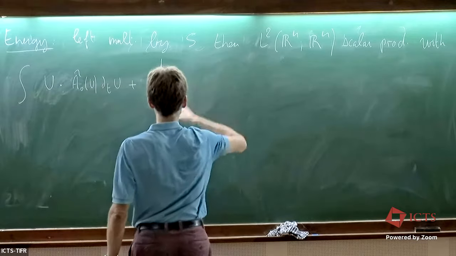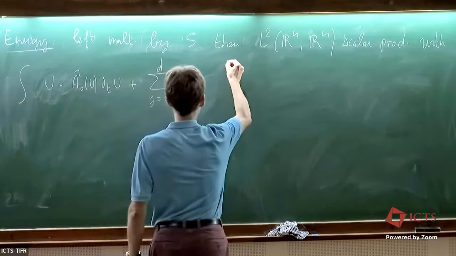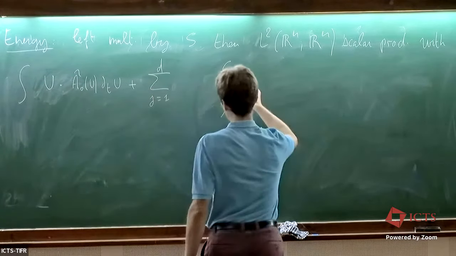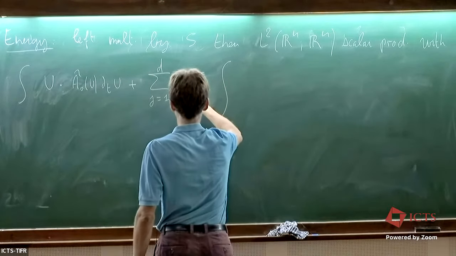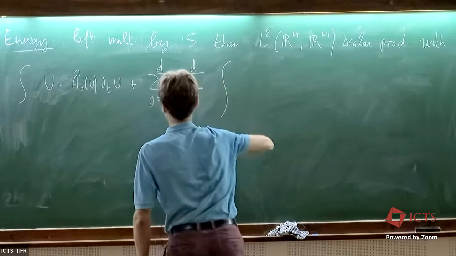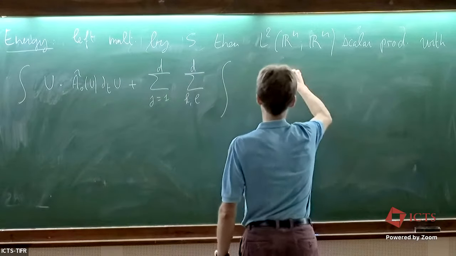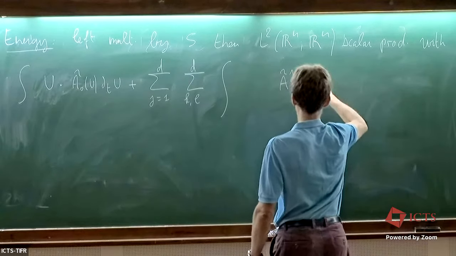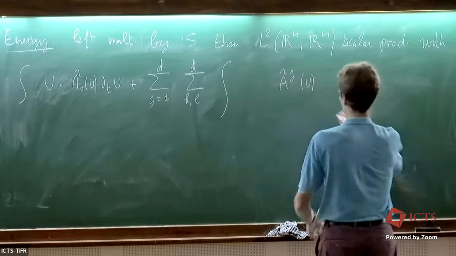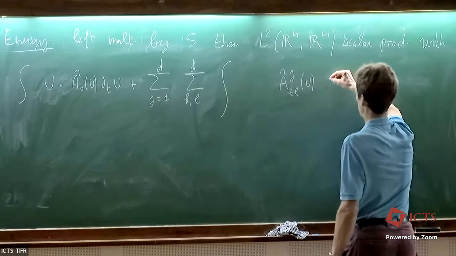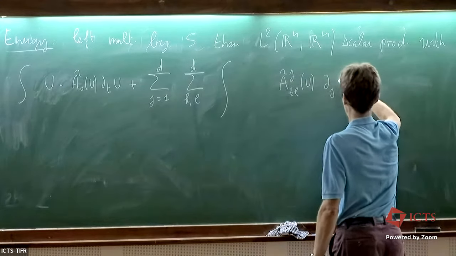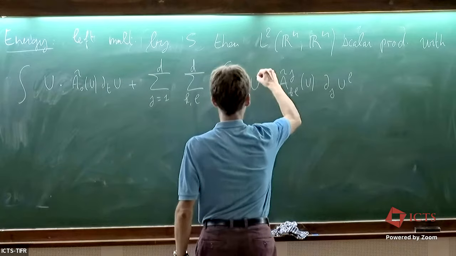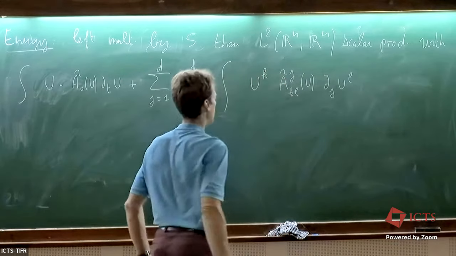In the sum, in order to understand when the symmetry assumption will come into play, it's interesting to look at what happens component by component. I have my matrix Aj of U acting on V_l, and then you take the scalar product with V_k, equals 0.